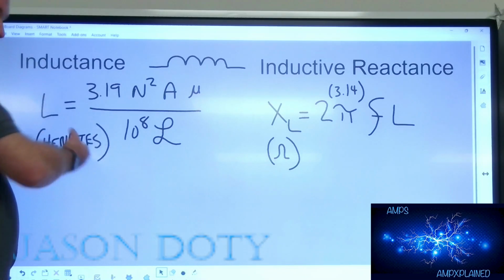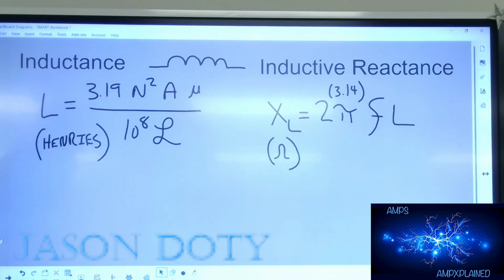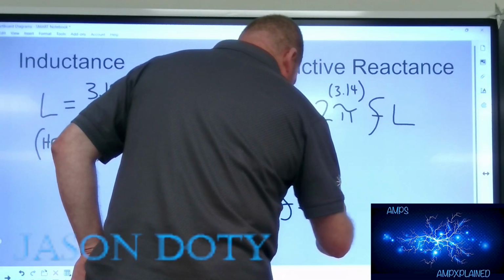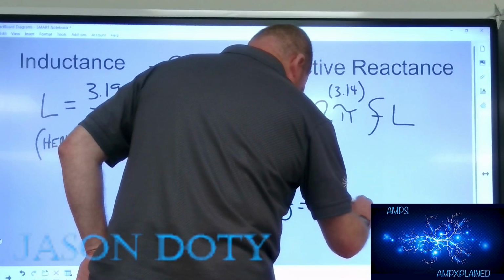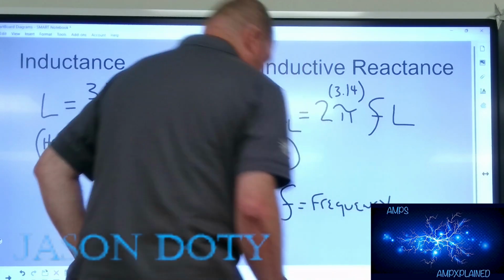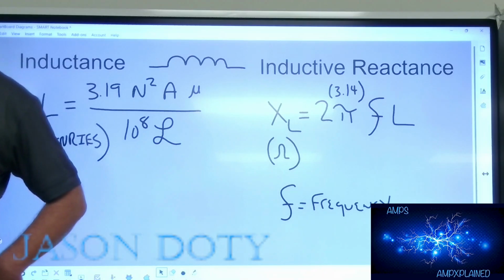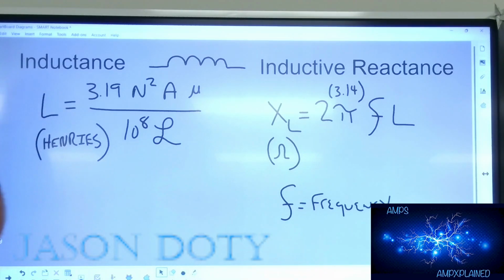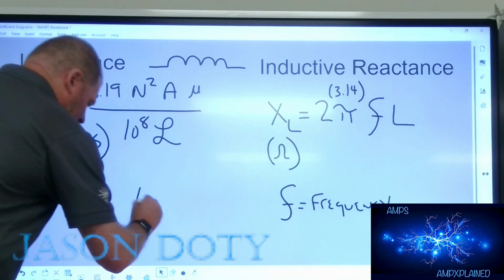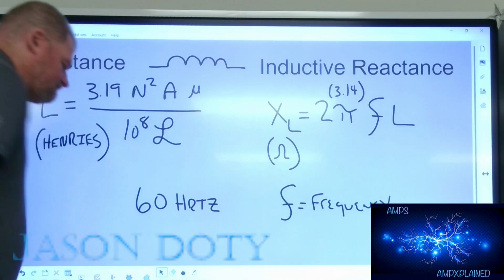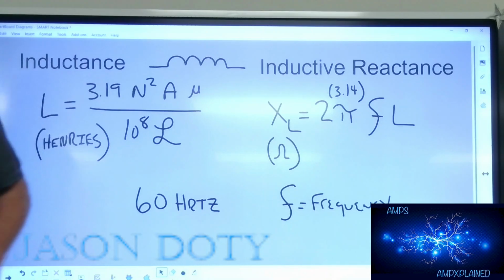The Henrys, of course, and the F stands for frequency. Frequency of the AC sine wave. Here in the United States, of course, we know it's 60 hertz. In Europe, you'll use 50 hertz. And they all have an impact on inductive reactance.